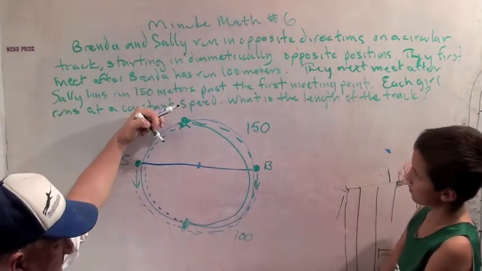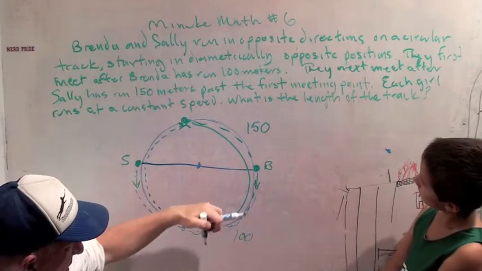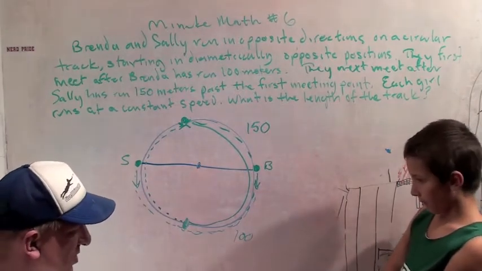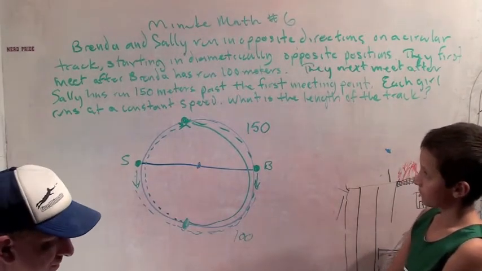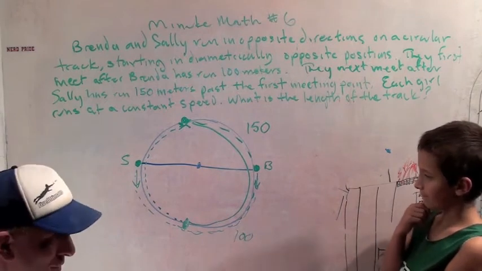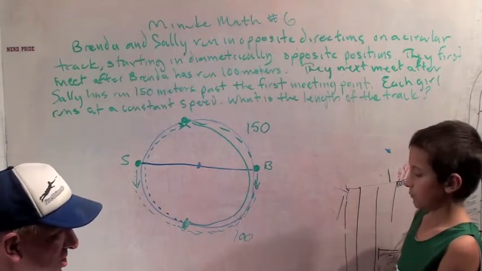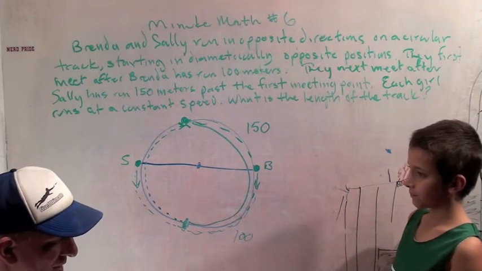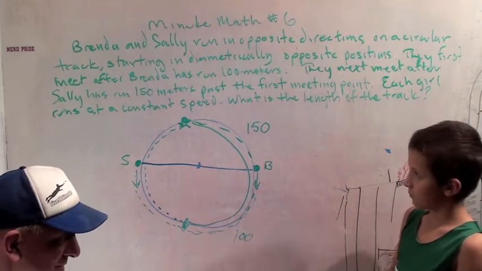Does that make sense? Each girl runs at a constant speed, so she's running at the same speed the whole way through. And the question is, what is the length of the track? Whoa. Pretty cool question, right? Any idea on this one?